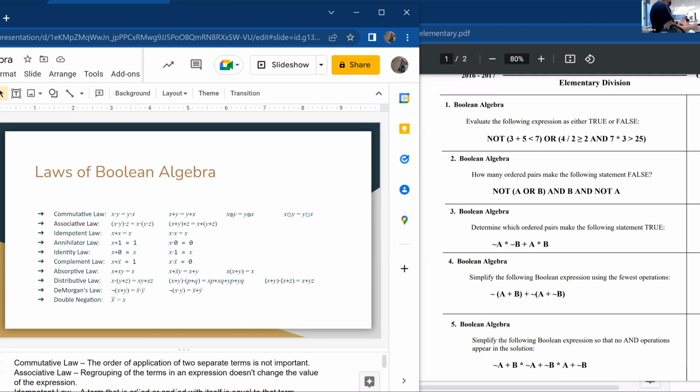If something is true, it is true. If something is false, then not false is true. That's all there is about Boolean operations. These laws are there to help you simplify when you have more convoluted logic.